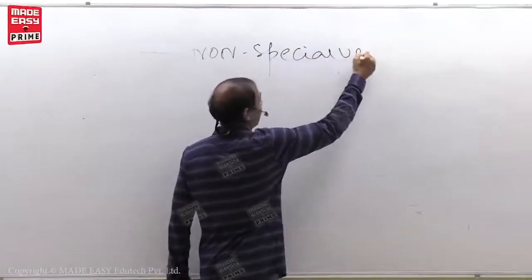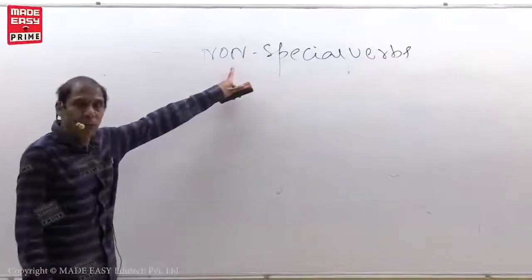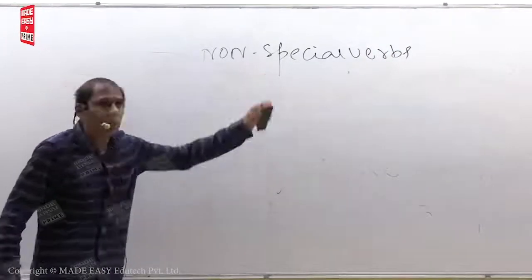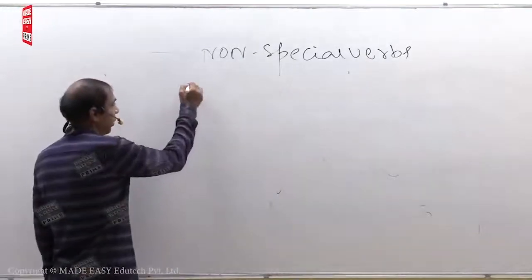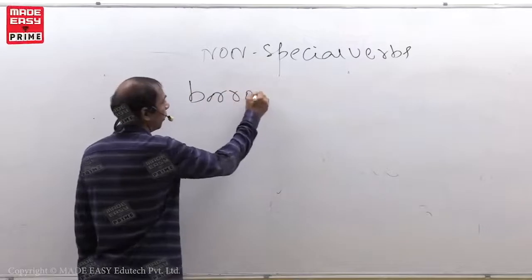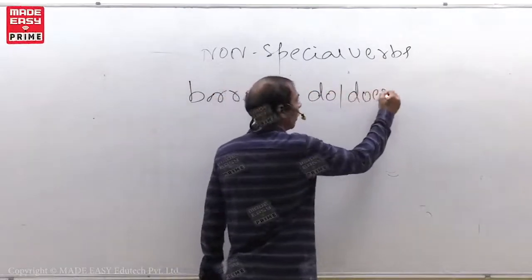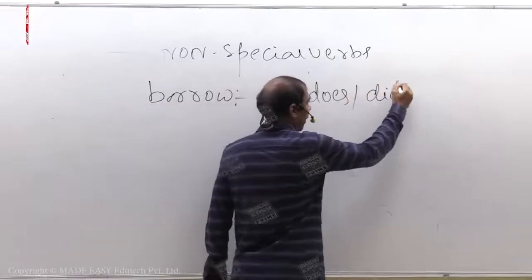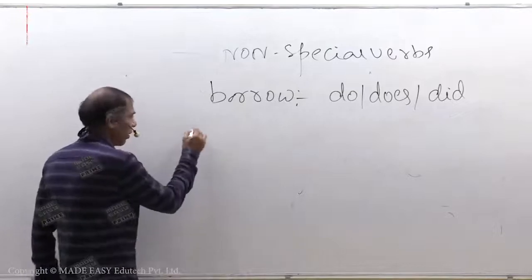Non-special verbs. It means a sentence without a special verb. See what you have to do? Borrow do, does, did. I'll explain now. Just look at the board. Right?